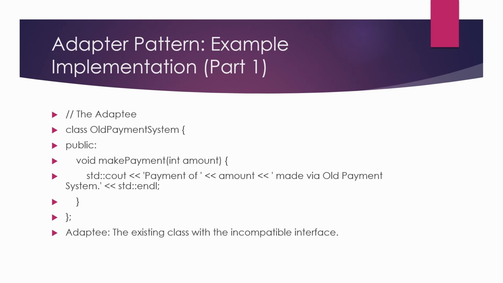Here we define the adaptee, which is the old payment system. This system has its own way of making payments, but it does not match the expected interface of the modern platform. Our goal is to adapt this interface to fit the new system.